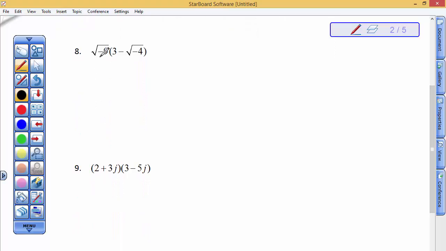Here I have a monomial, 3j times, so square root of a negative 9 is 3j, times 3 minus 2j. And just like, if you don't mind, I'm going to come on over here. Just like when I distribute 2 times 3x plus 5, and 2 times 3x is 6x, and 2 times 5 is a positive 10, I'm going to do the same thing here.